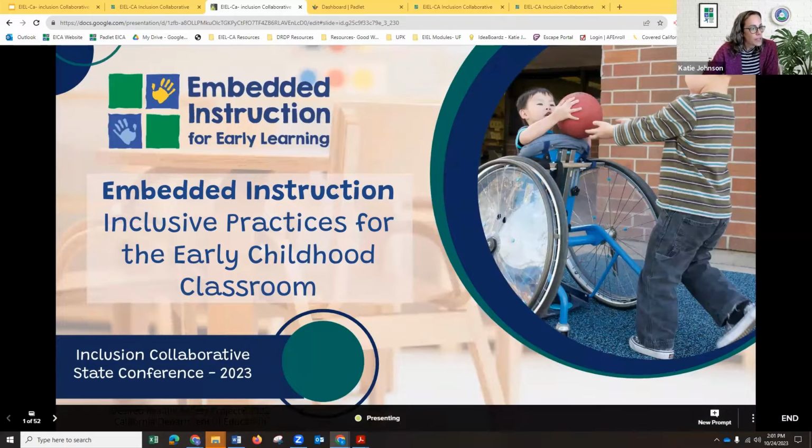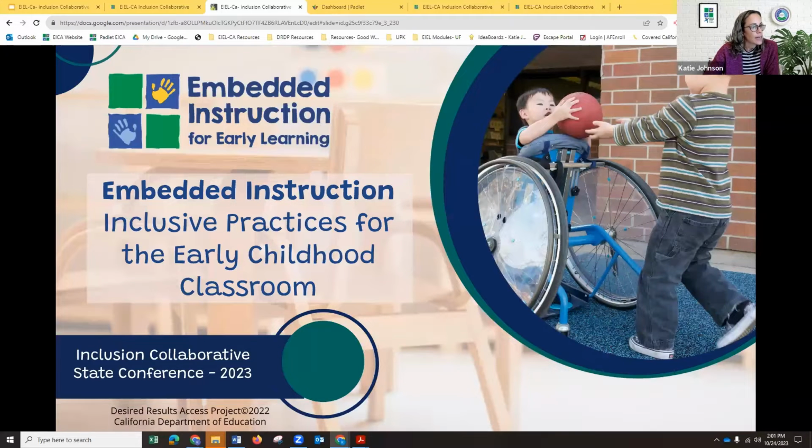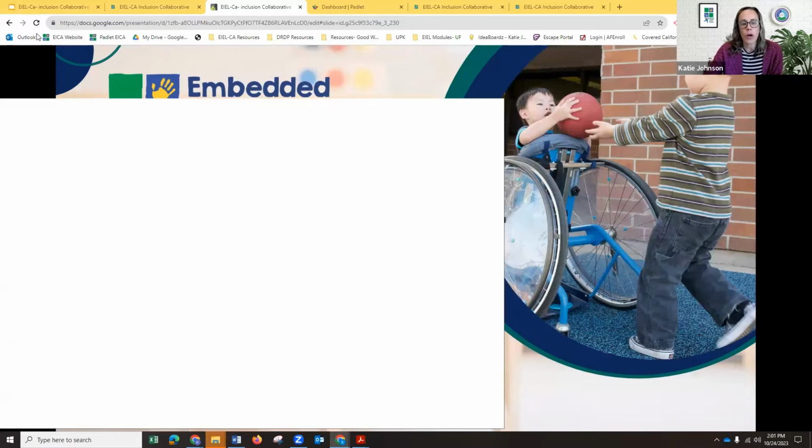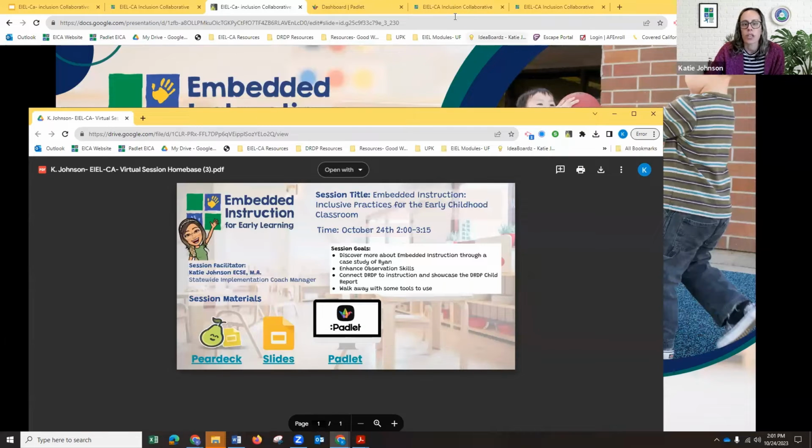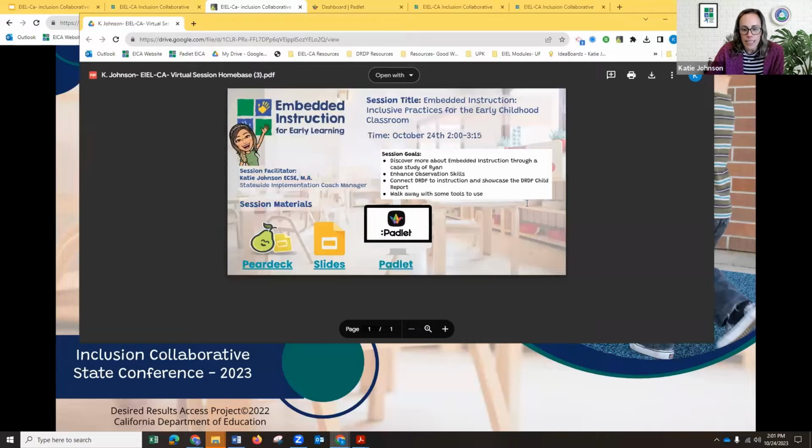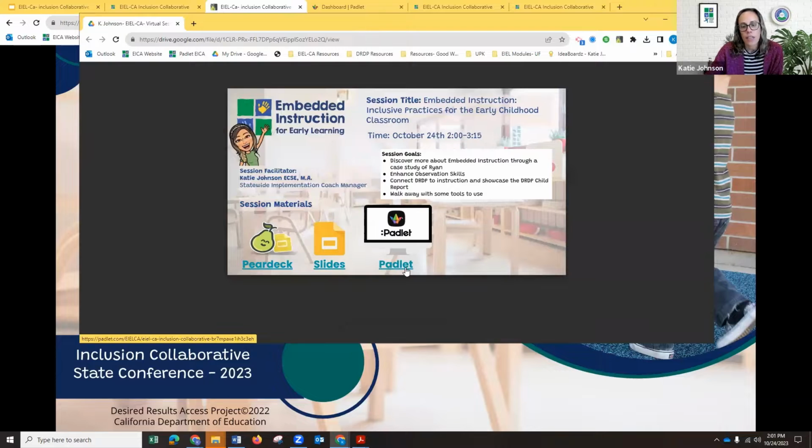For everybody who's in here, we're going to drop into the chat this home base, which you should all be able to access. On it, you can see a PDF of the slides. You can see a Padlet I'm going to refer to.